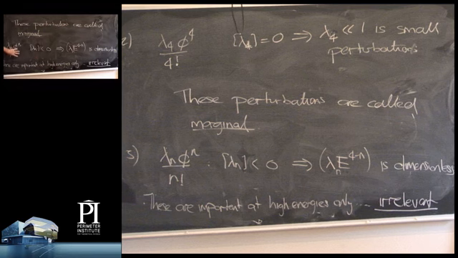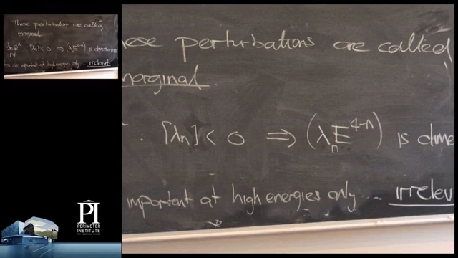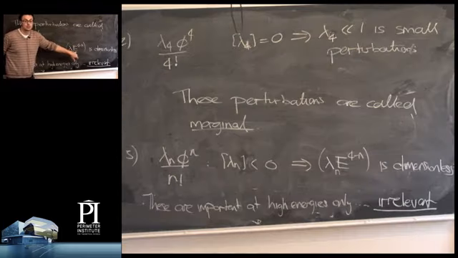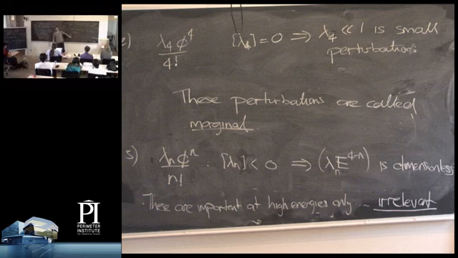What this means is that terms like this, which have negative mass dimensions or are important at high energies, will be very difficult to make sense of when quantizing the theory, because you'll get infinities from them that are difficult to deal with. So we say that when there are terms like this in the Lagrangian, the theory is non-renormalizable.